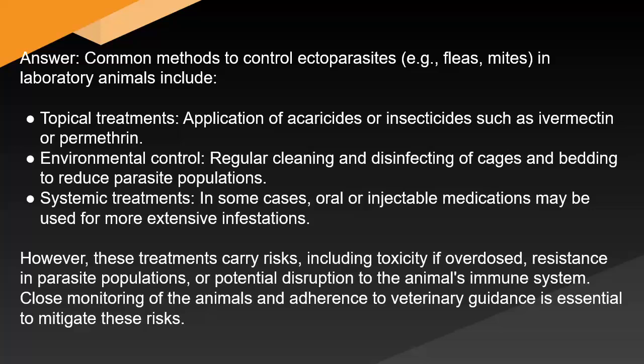In some cases, oral or injectable medications may be used for more extensive infestations. However, these treatments carry risks, including toxicity if overdosed, resistance in parasite populations, or potential disruption to the animal's immune system. Close monitoring of the animals and adherence to veterinary guidance is essential to mitigate these risks.